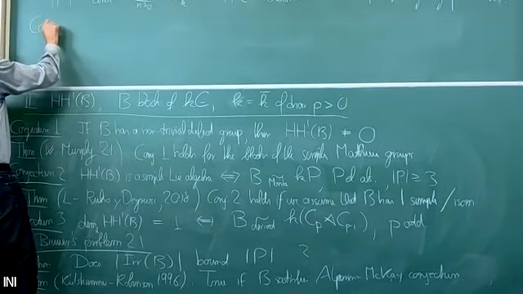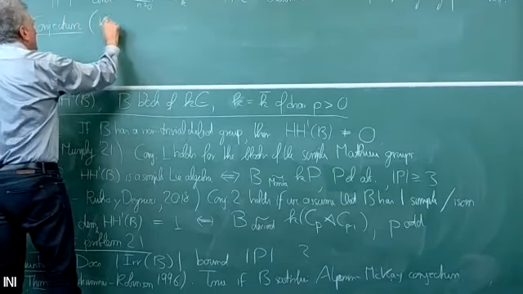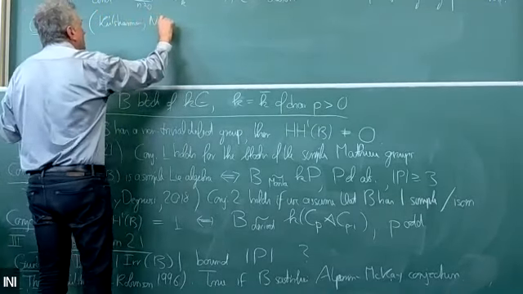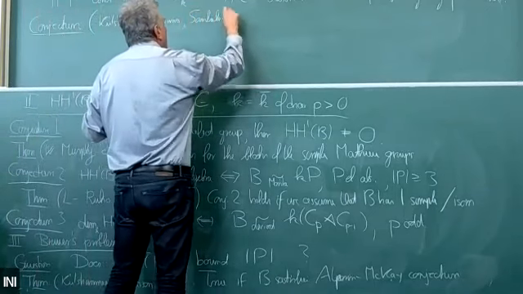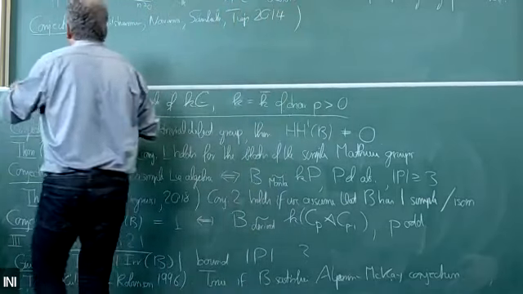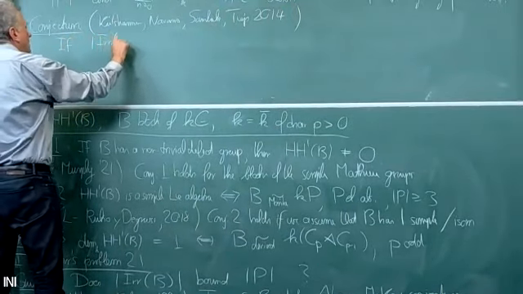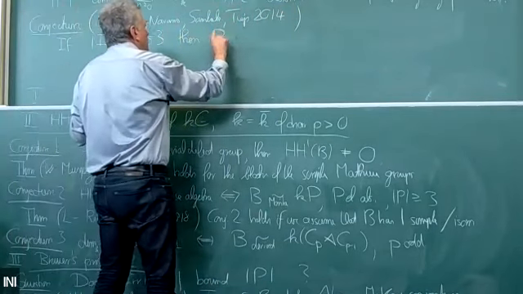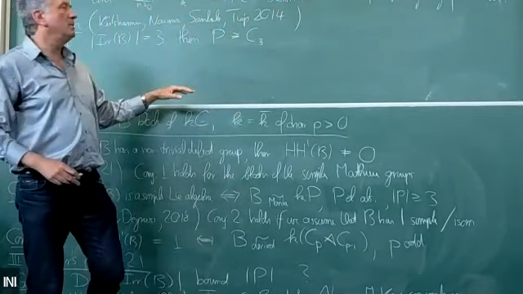So there was this conjecture mentioned by Navarro and Sambale from 2014, which says that if you have only three irreducible characters in your block, then the defect group must be C3, which particularly forces the characteristic to be 3.